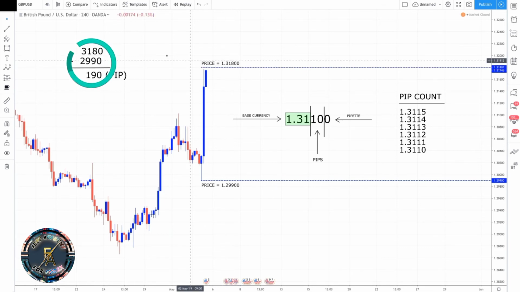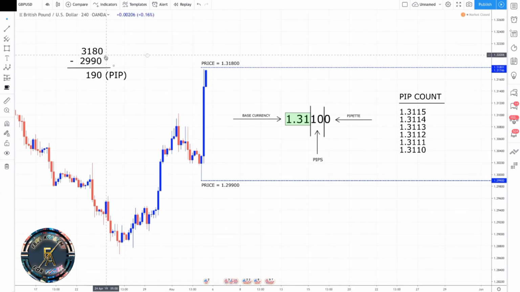Here, I took 3180 and subtracted 2990, which were the digits on the right side of the decimal. By subtracting these 2 numbers, I was left with a remainder of 190. That 190 represents the pip difference from the price rising from 1.29900 to 1.31800.